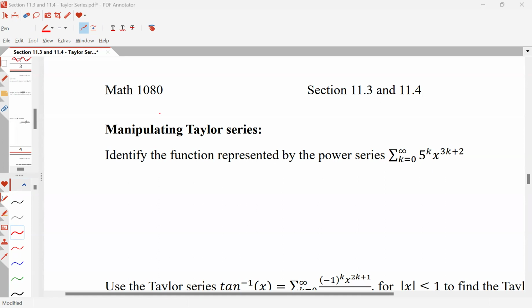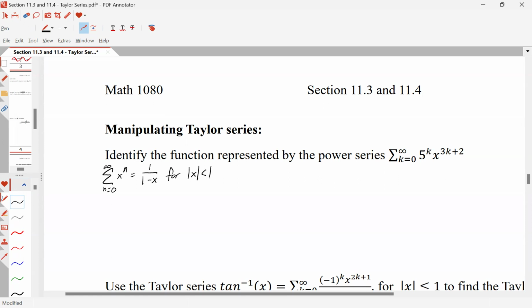We actually have done problems like this because the series we need here is that the series n equals 0 to infinity, x^n is equal to 1 over 1 minus x, for the absolute value of x being less than 1.